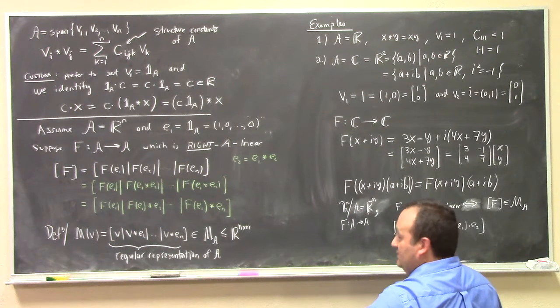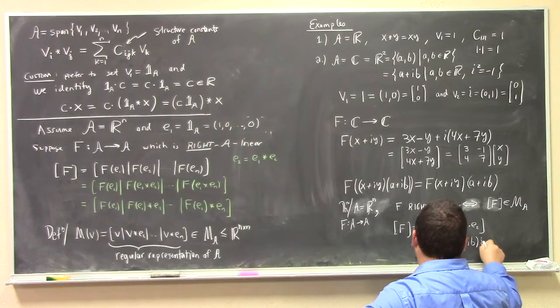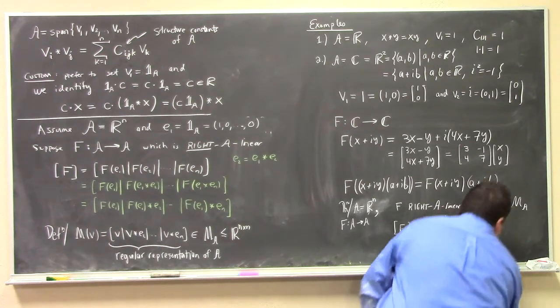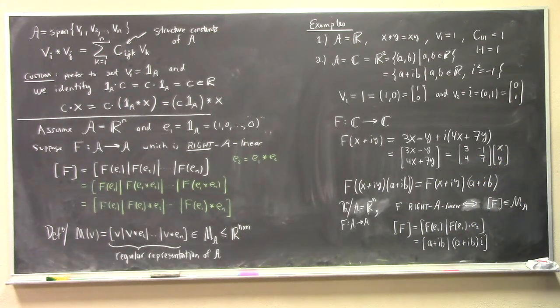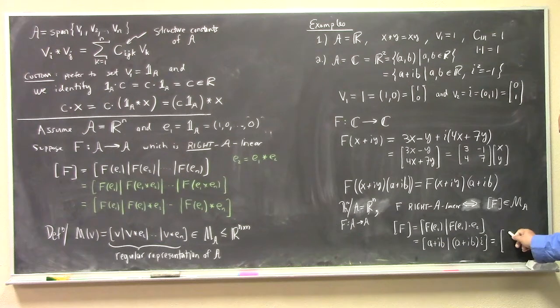Because there are just two dimensions, if we make the first column a plus ib, the second column has to be a plus ib times i. So a plus ib we write as the column (a, b).